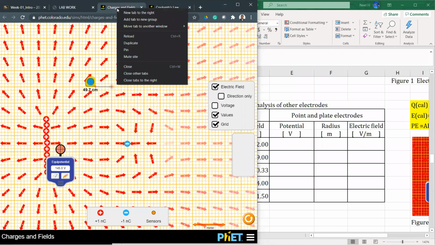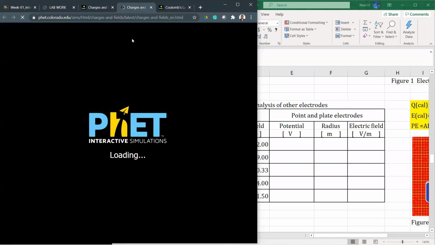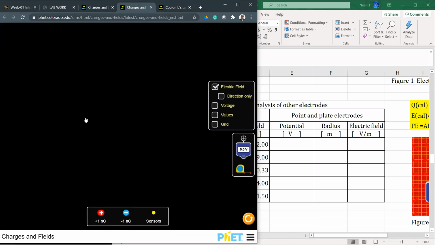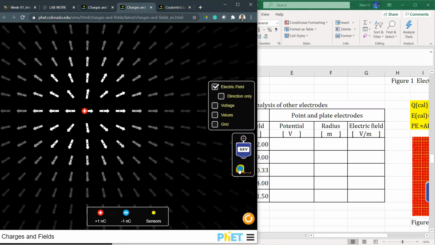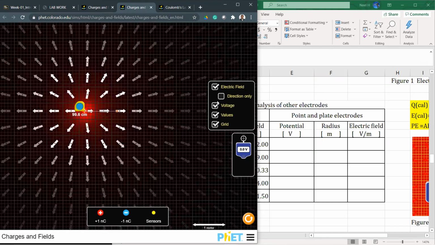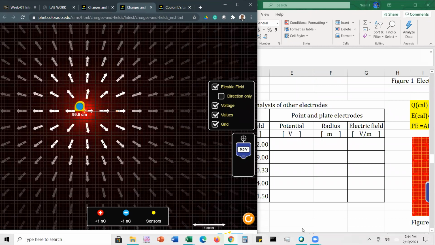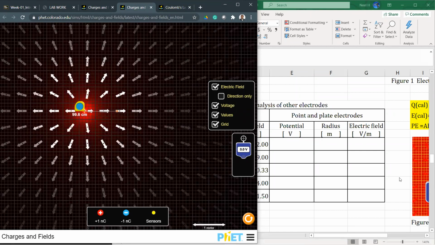Let me show you that too. By duplicating, if I bring one charged particle here, the potential line, probably I can draw this way too. Any other questions so far?